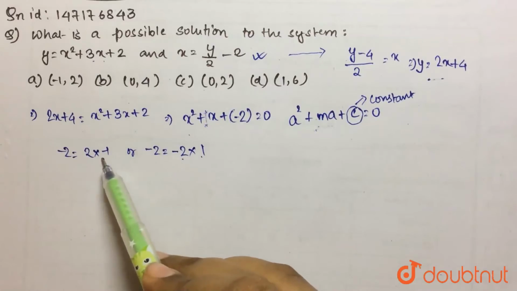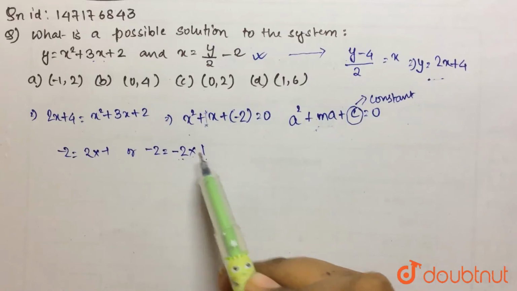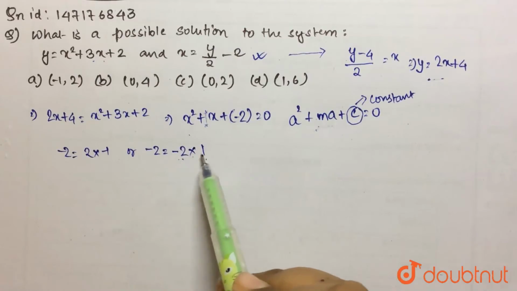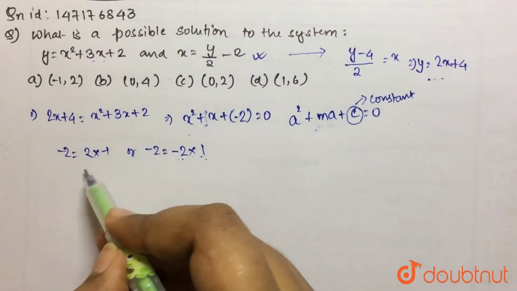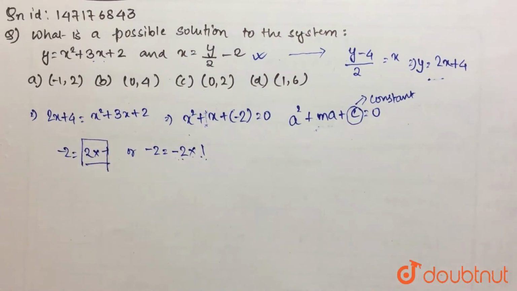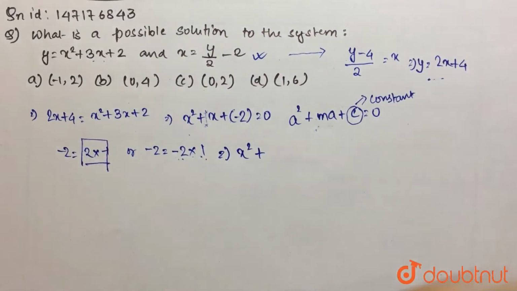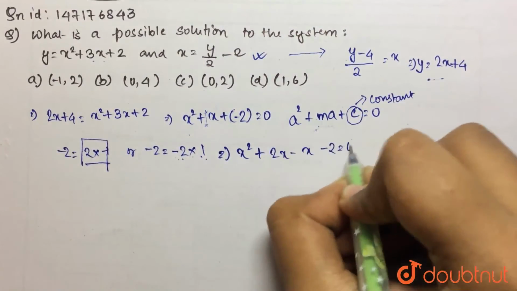So 2 minus 1 equals 1, and minus 2 plus 1 equals minus 1, but we need a positive 1 in the middle term. So 2 minus 1. So we are going to use this set of factors, all right? 2 into minus 1 to split the middle term. So x square plus 2x minus x minus 2 equals 0.